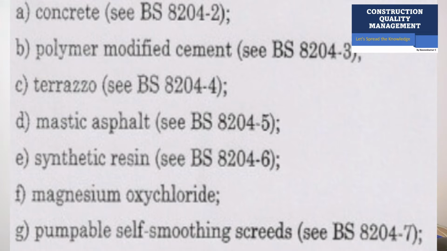As I mentioned, the screed will be made up of many materials. As per BS 8204, concrete, a polymer modified concrete, terrazzo, mastic asphalt, synthetic resin, magnesium oxychloride, and pumpable self-smoothing screeds.